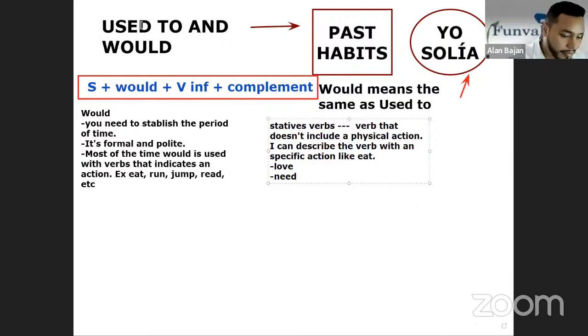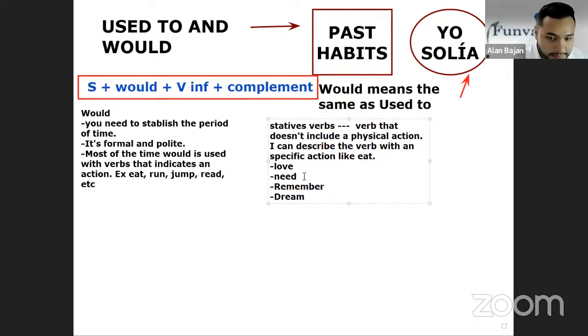Yeah. Let's see other example. Remember, this is not a physical action. It's an action that includes feelings, includes knowledge, or general topics like love. Also, remember, dream.